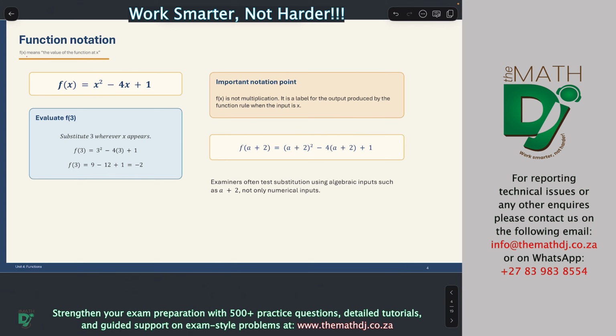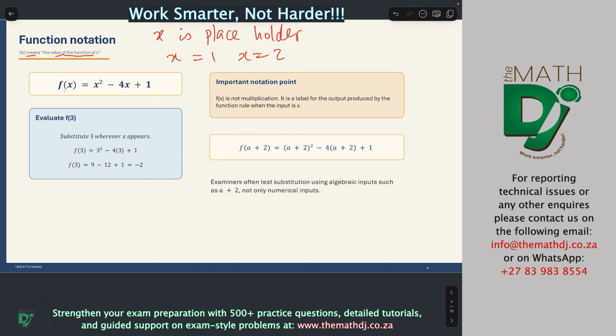Now, function notation: f(x) means the value of the function at x. So x is just more like a placeholder. x can be equal to 1, x can be equal to 2. So you just work according to what the question is asking you.